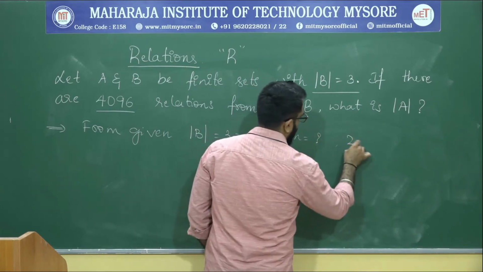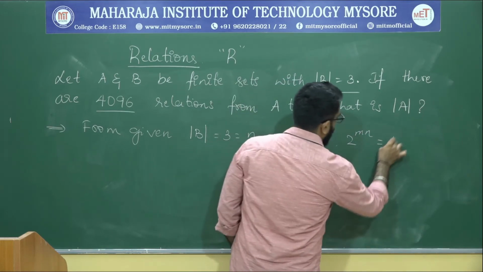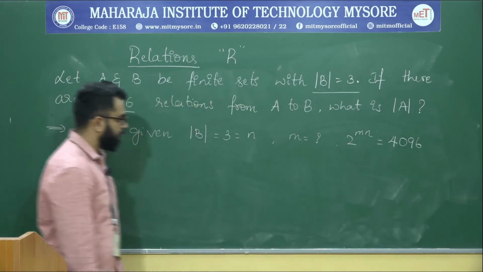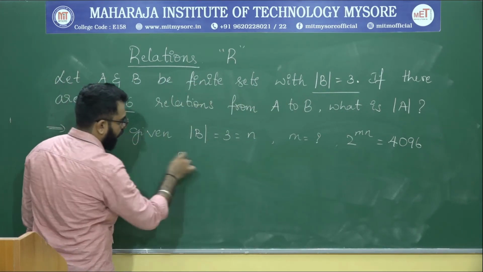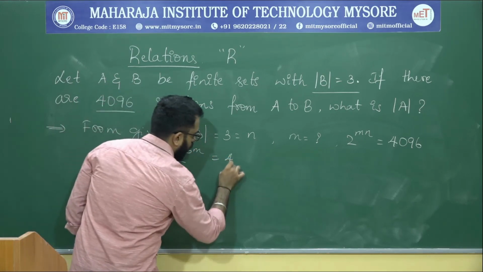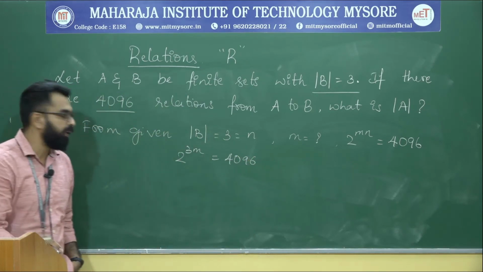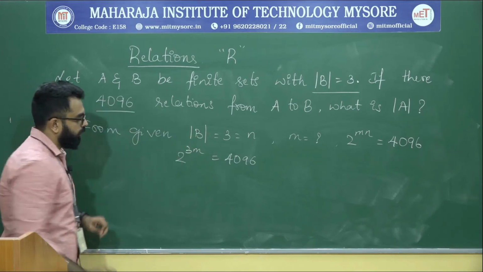And what is 2 to the power of mn? That is the total number of relations given, 4096. So if I replace n by 3, then it is 2 to the power of 3m, that is equal to 4096. Accepted? 2 to the power of 3m is equal to 4096. That is the definition there.